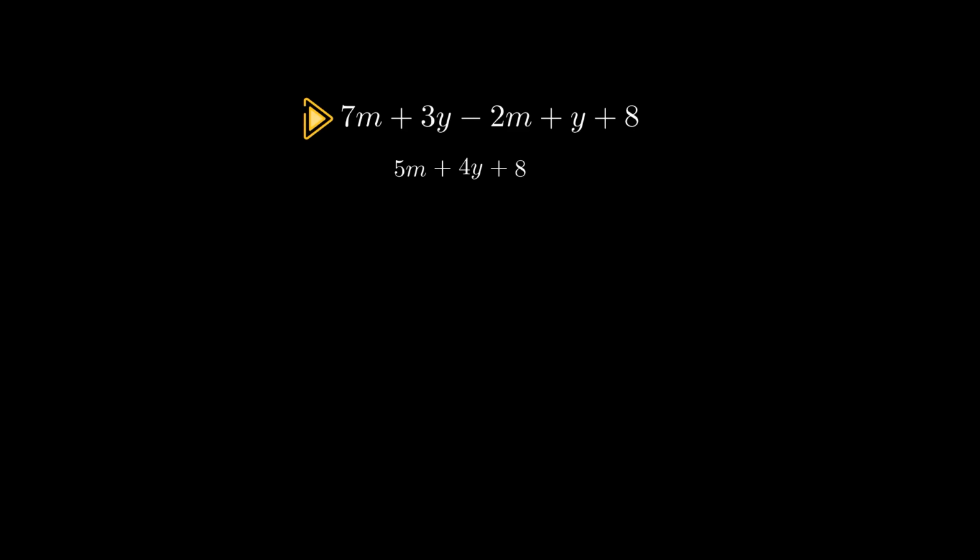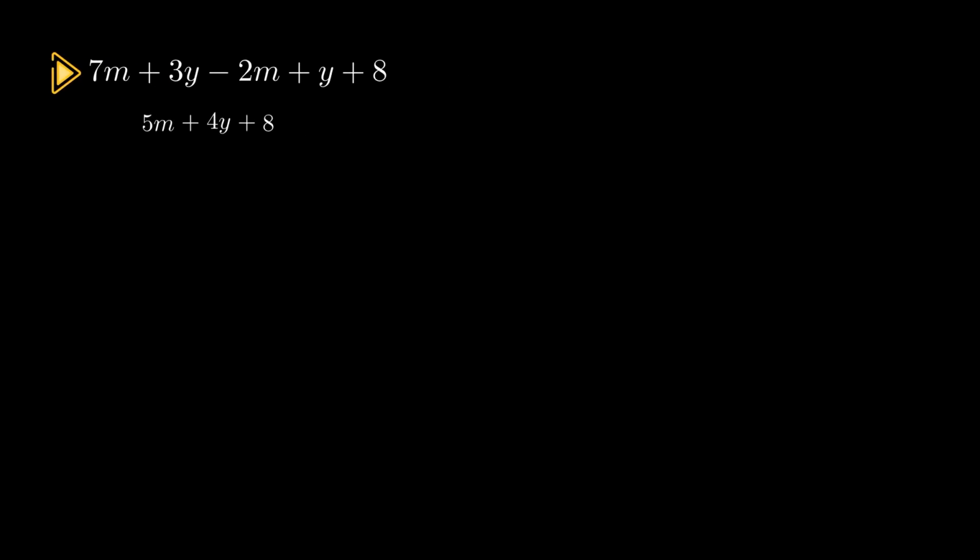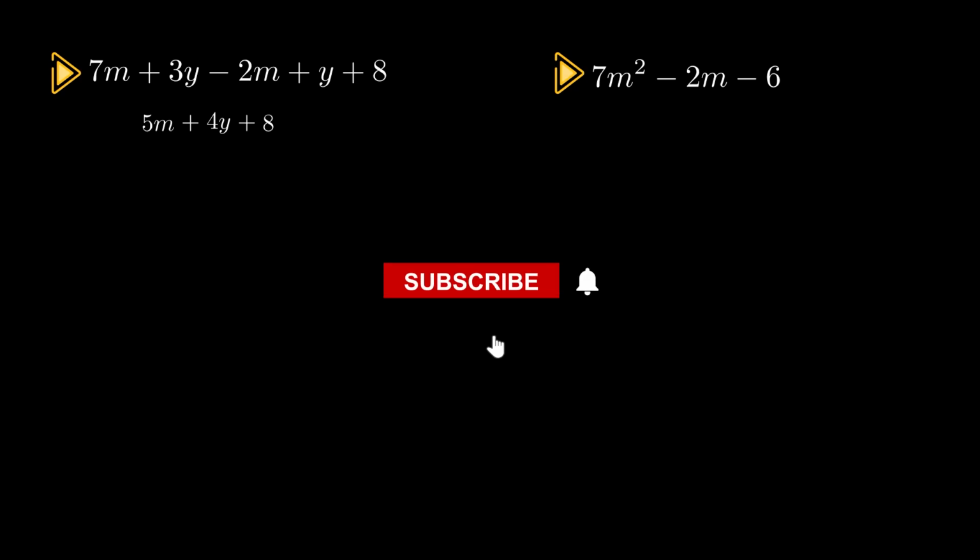Let's move on to another example, where we have 7m squared minus 2m minus 6. In this expression, we have terms with numbers and variables. Now, although the terms in this expression might look like they can be combined, they're not like terms. So let's break down the terms in this expression. We have 7m squared, which can be written as 7 times m times m.